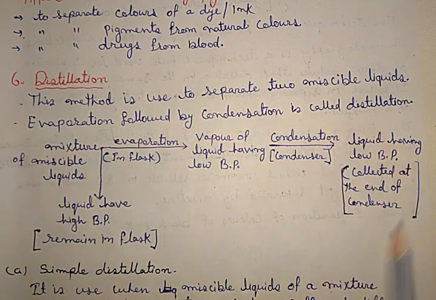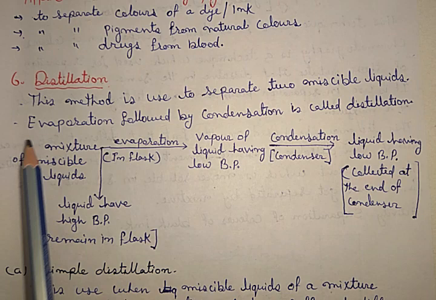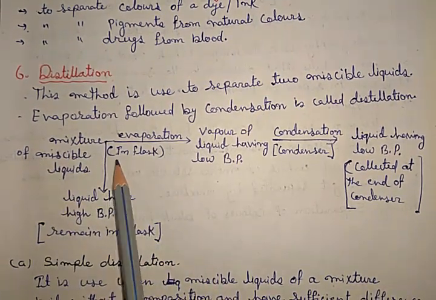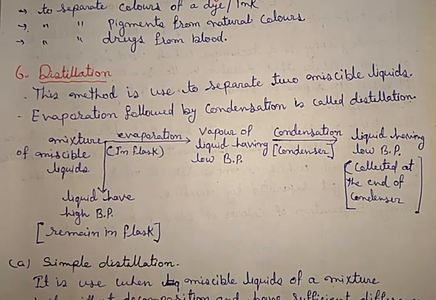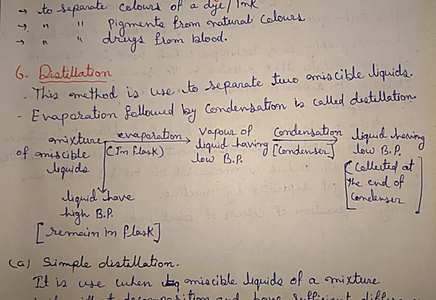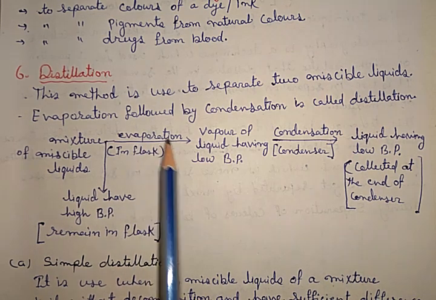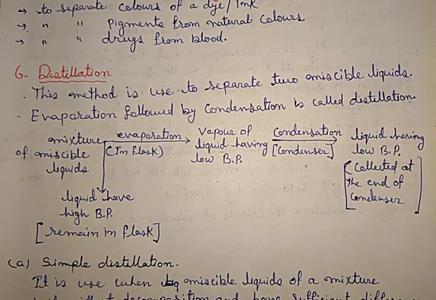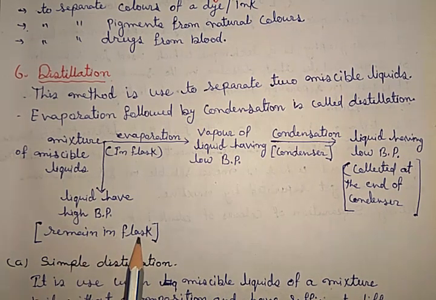The flow chart of this method is this. Here, the mixture of miscible liquids is taken in a flask and then evaporation takes place. It is heated so that the liquid which has the lower boiling point evaporates and converts into vapor form, while the other liquid which has the higher boiling point remains in liquid form in the flask.